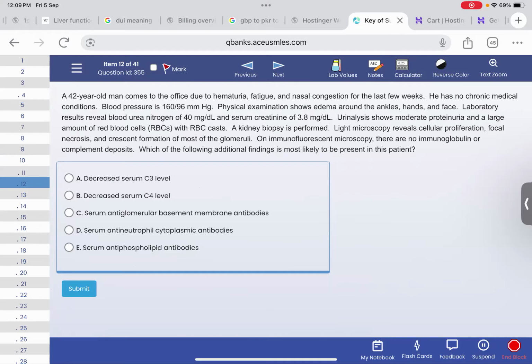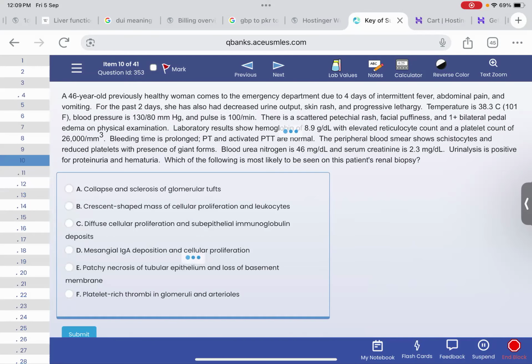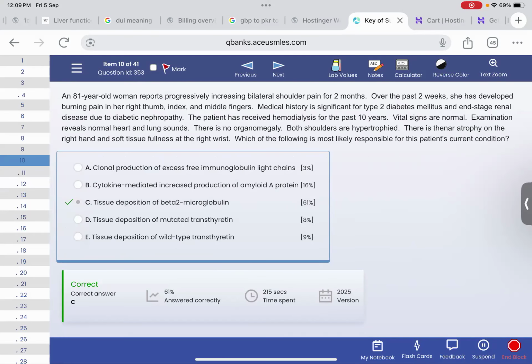Another question: when they mentioned that the patient is a diabetic patient, what came to my mind was focal segmental glomerulosclerosis, but then it turned out they're asking about amyloidosis. When you don't get the question completely, you have to look into the options.